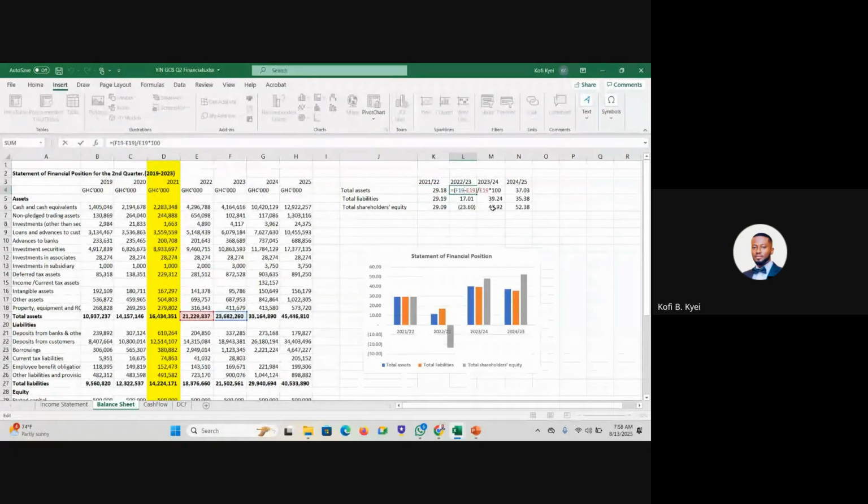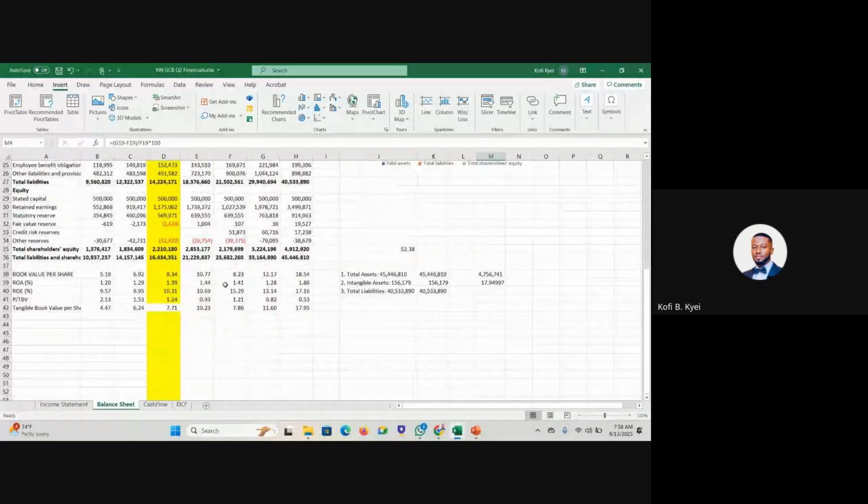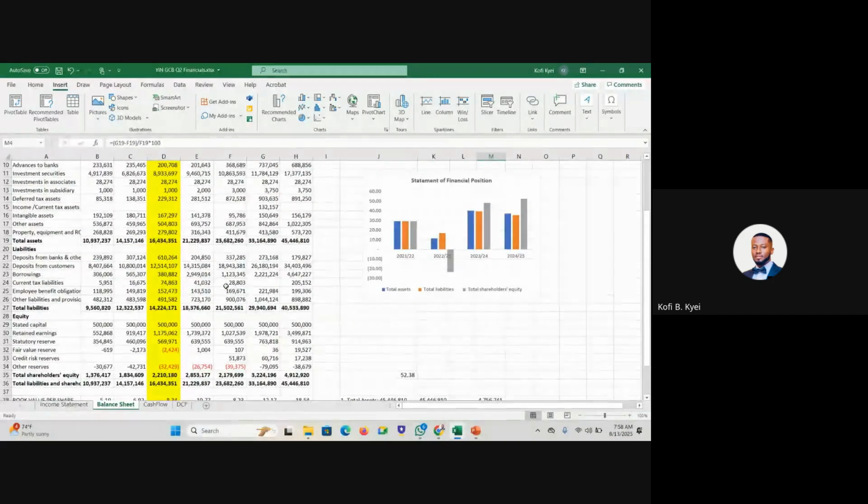So those are the rates that we can see on the screen. So this is the statement of financial position. That is where we assess the financial health of the business. So if the business is very sick, when you pick the statement and you look at it, you can easily tell.